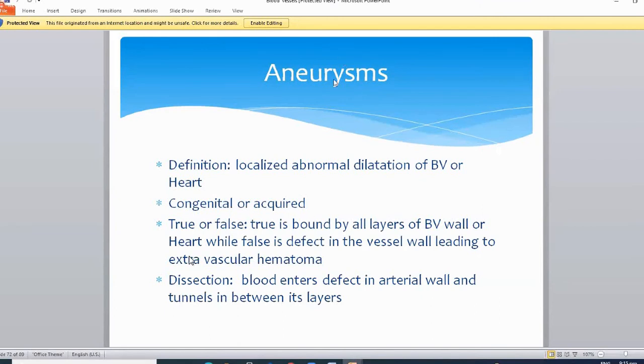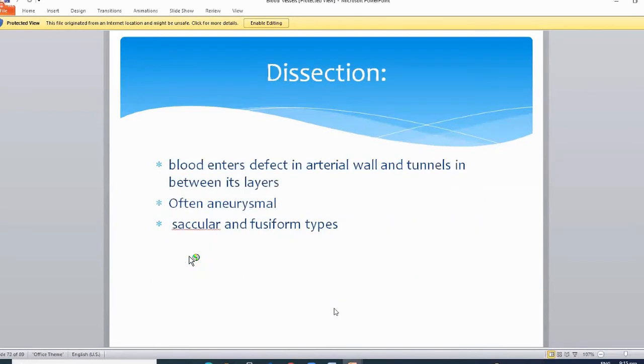As opposed to an aneurysm, there is a dissection. In this, blood enters a defect in the arterial wall and tunnels in between its layers, so it's floating in between the layers of the vessel wall. Mostly dissections are also aneurysmal because they also cause dilatation of the vessel wall.